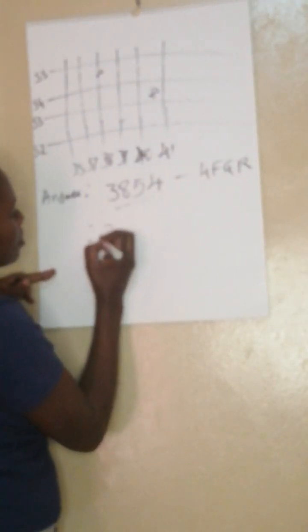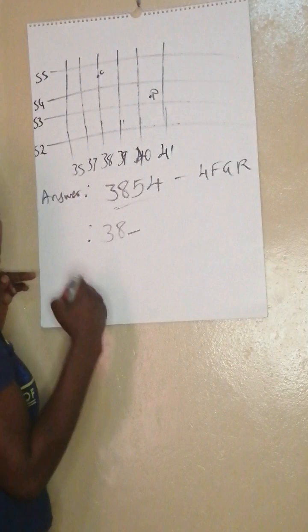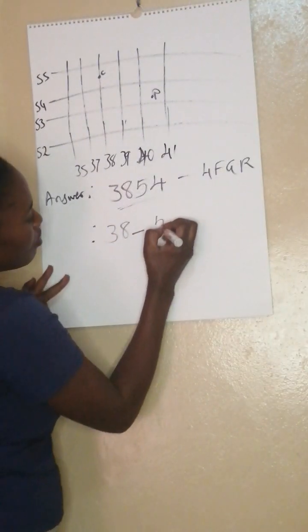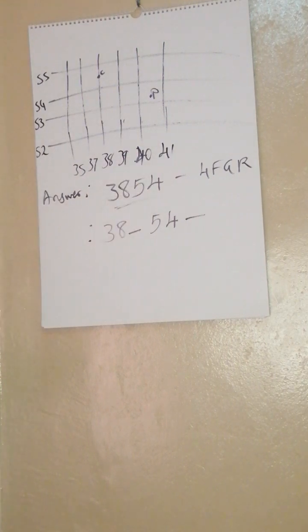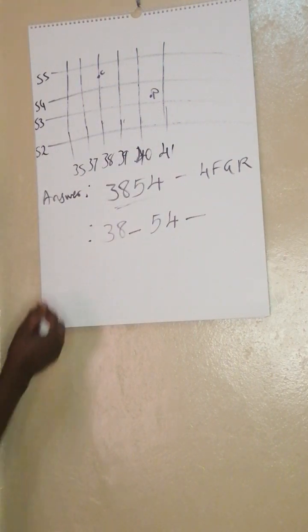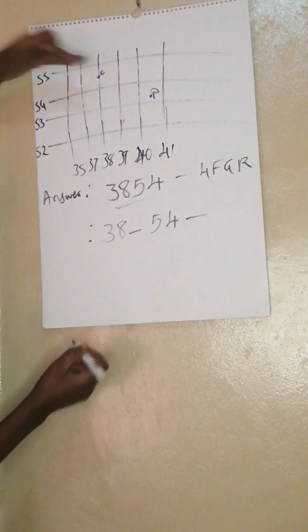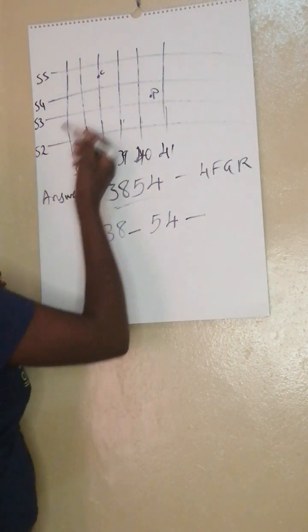Then the 6-figure grid reference, we have 38. We need a third number for eastings. Then we have 54. We need a third number for northings.